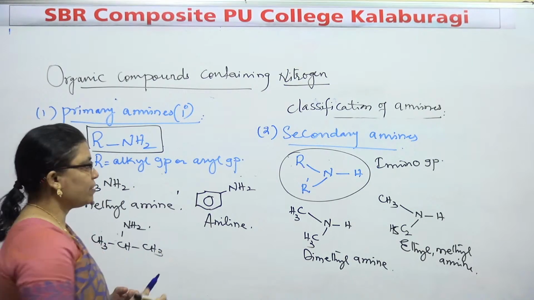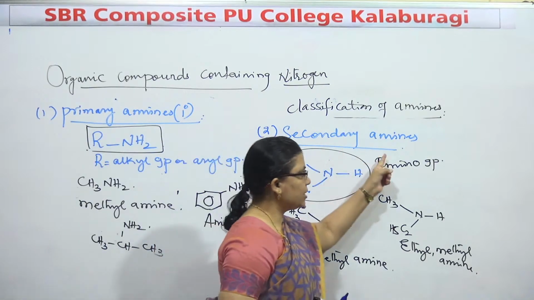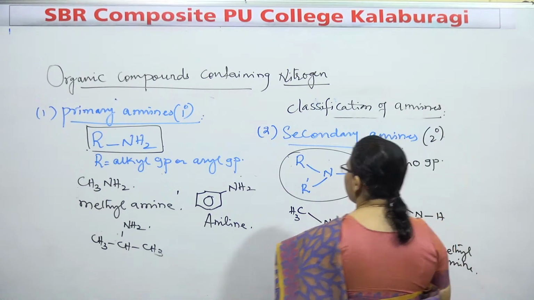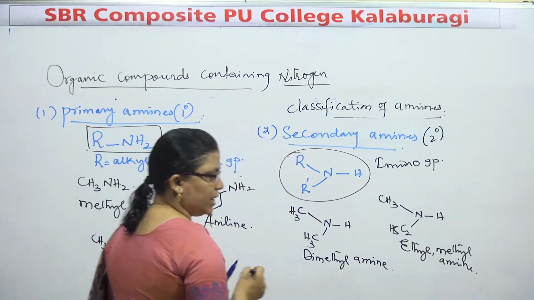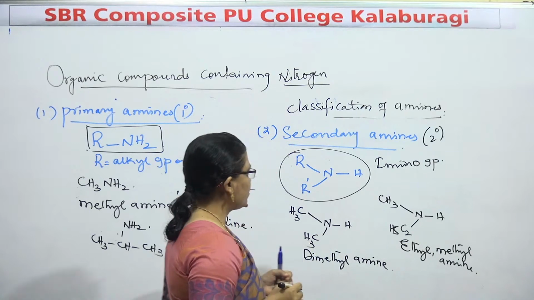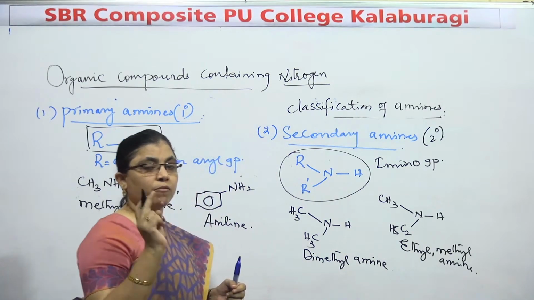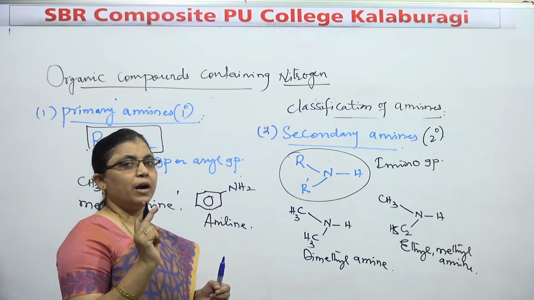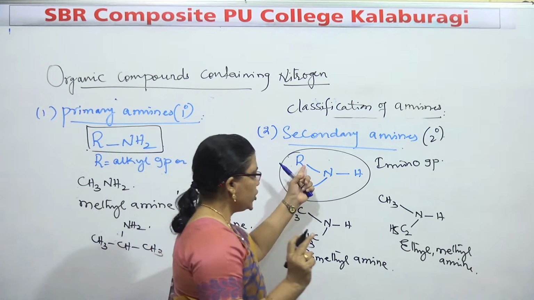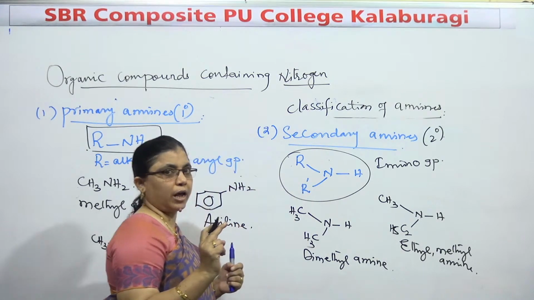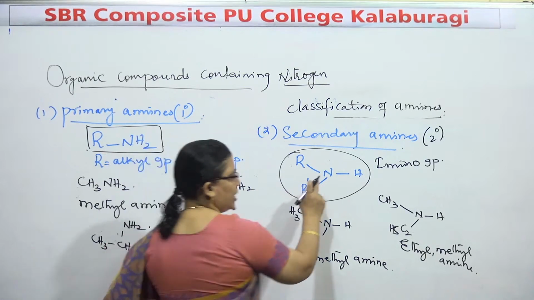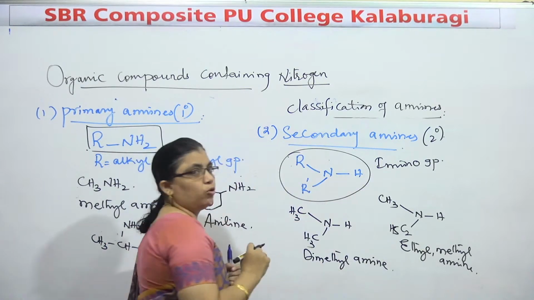So whenever the secondary amine comes, we represent it by 2 degree. Primary amines are represented as 1 degree, secondary amines as 2 degree. It means two hydrogen atoms of ammonia are replaced by alkyl group or aryl group. They are called secondary amine. And this NH group we can call amino group.